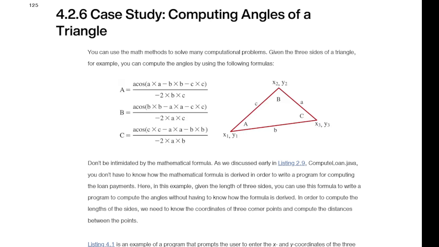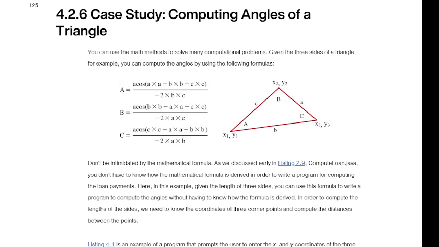So we have this formula, this squared minus this squared minus this squared. That will give me, if I place that into the arc cosine and divide it by -2 times B times C, the angle A. And for B, notice I start with squaring B, and then I subtract the squares of the other two sides, and I divide it by -2 times the other two sides.